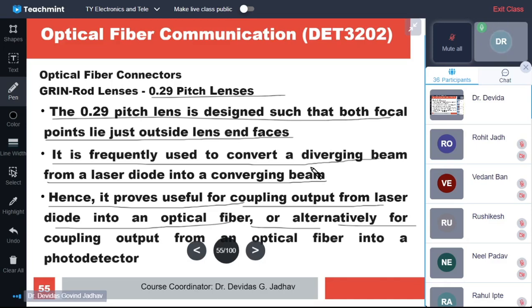One is that the focal point is exactly on the surface, and second is that two lenses are required simultaneously.